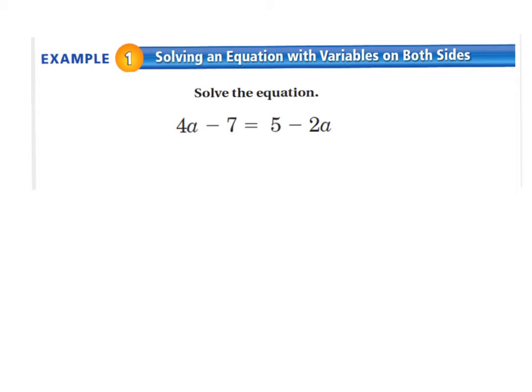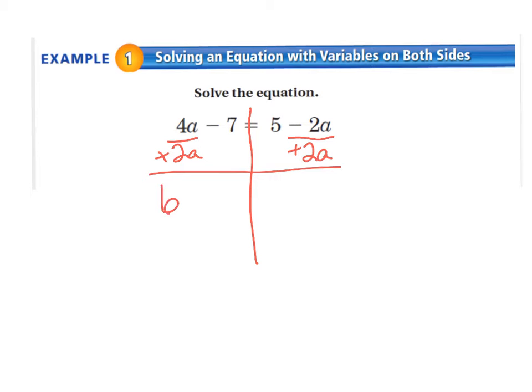Write down the problem. If you want to pause the video and try doing it by yourself first, be my guest. Here we go. I've got a 4a and I have a minus 2a. So I'm going to add 2a to both sides again to make sure that I keep things positive. So 6a minus 7 equals 5.